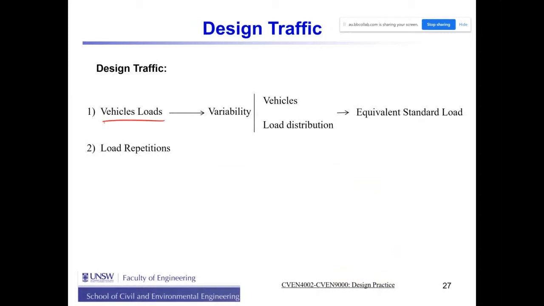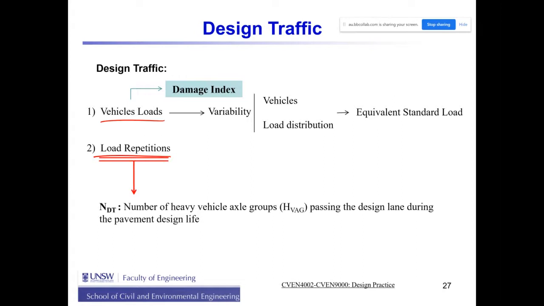So far, we focused on the types of the loads, the vehicle loads. In the second part, we want to determine the load repetition, right? How many times the vehicle passed through the road. For this one, we define a new parameter, which is called NDT. For the first one, we defined the damage index, and we calculated the damage index.